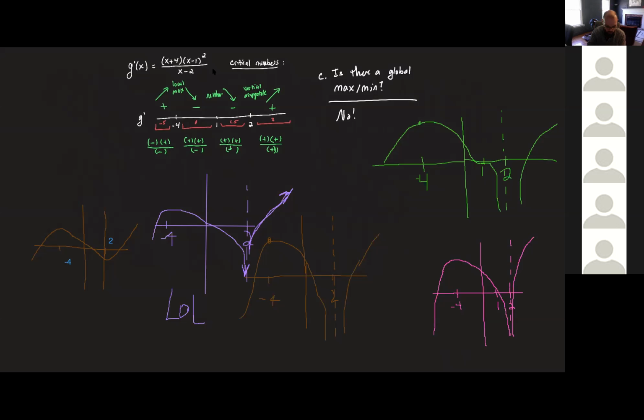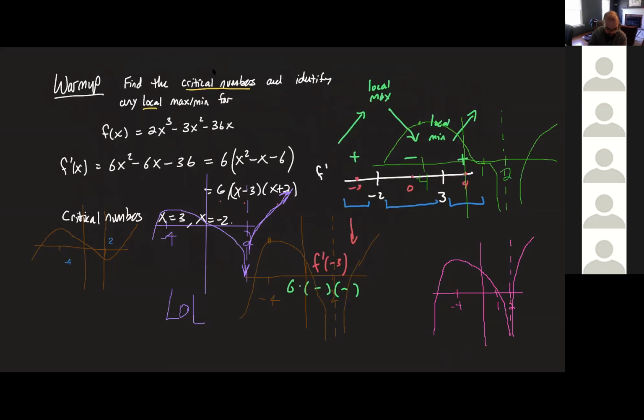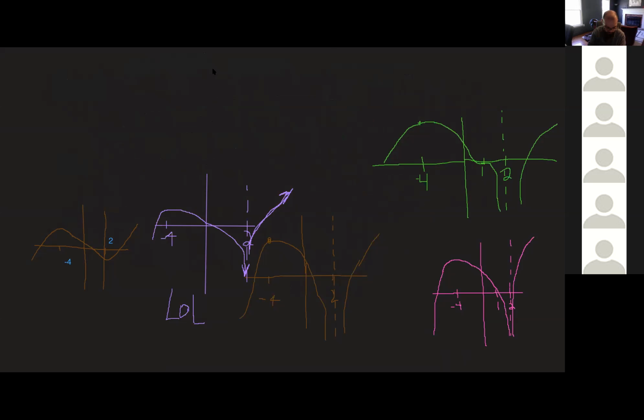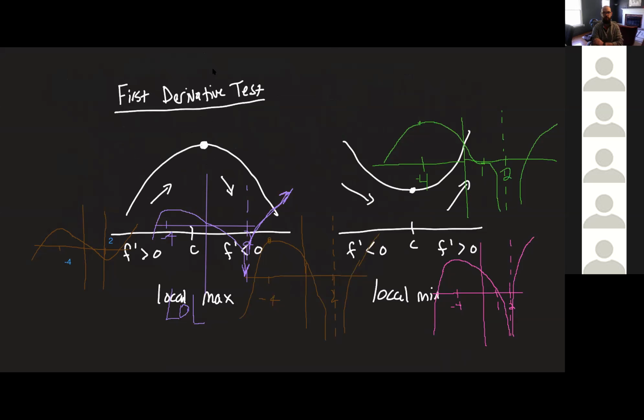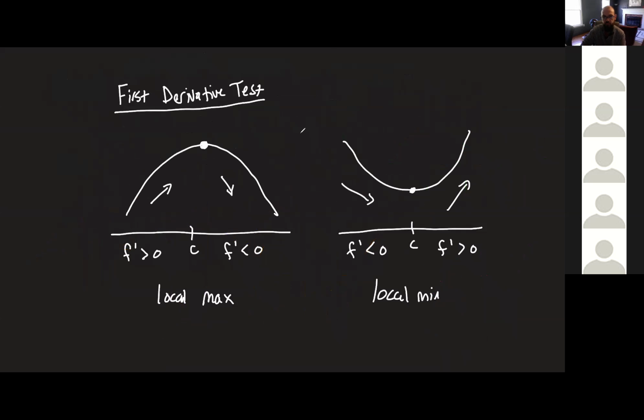Okay, so what I want to do now is jump back to our picture here, but the first derivative test. I'm going to go ahead and get rid of our graphs, but we have them on the video. We're going to look at this first derivative test again.